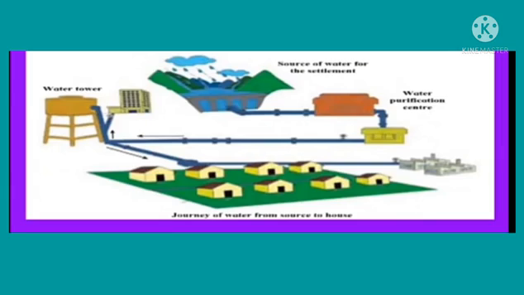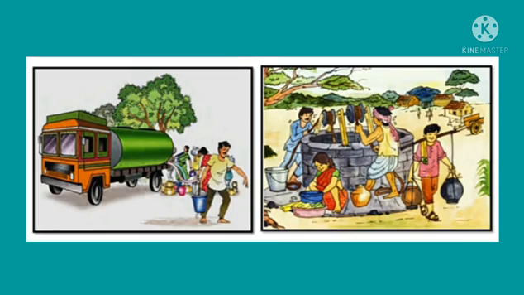In a particular area, the pipe branches out into smaller and smaller pipes which take water to every house. In some places, there are 2 or 3 common taps for the whole area. People living in that area come there to fill water for their families.